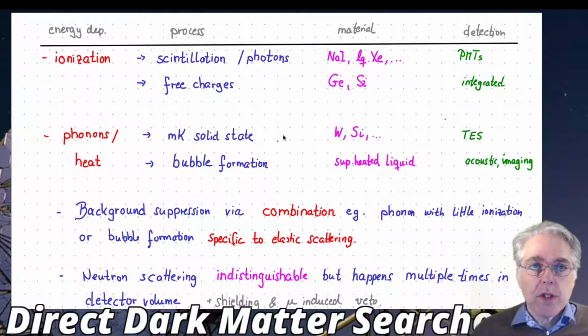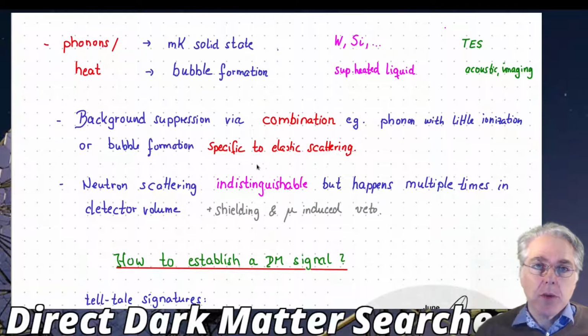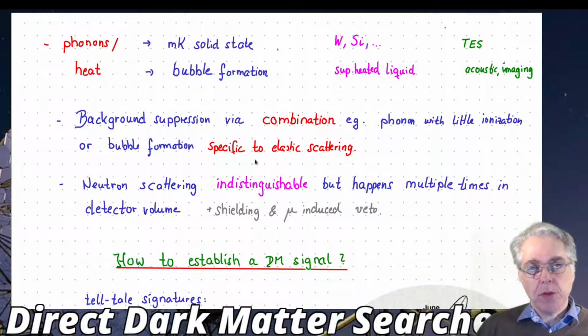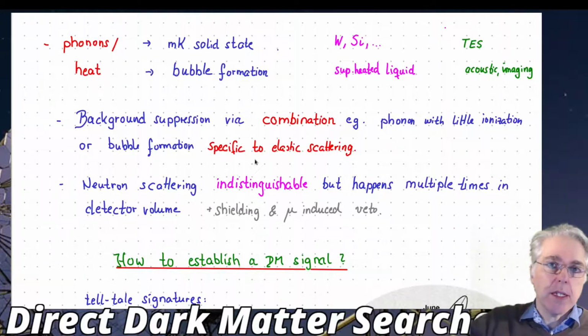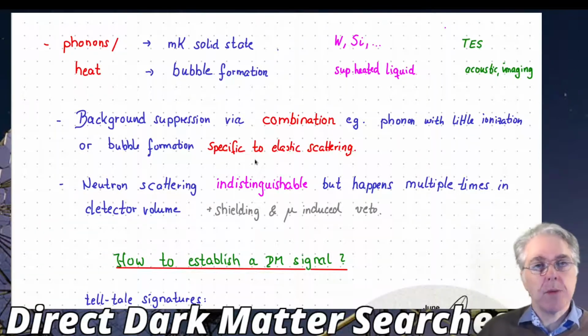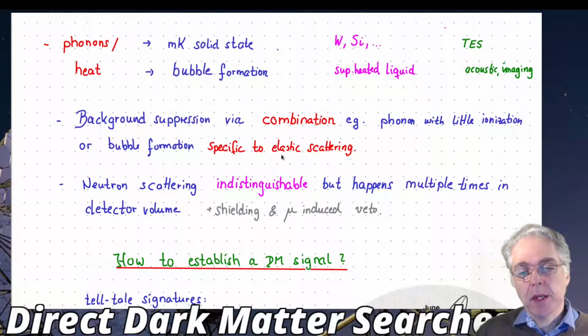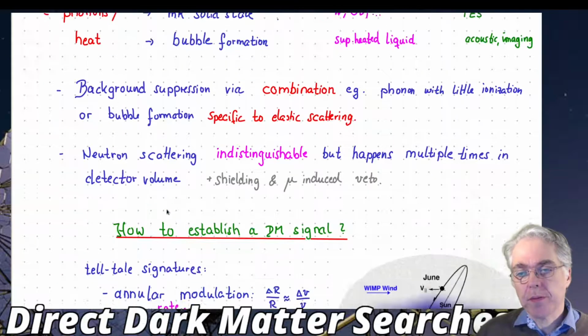For the neutron events which are leading to a nuclear recoil event as well, it's important to have sufficiently large detector volume, so that the big difference between the neutron and the WIMP scattering is the WIMP scatters only once and then it leaves the detector volume, whereas the neutron can scatter multiple times and deposit energy more than once because of the larger cross-section.